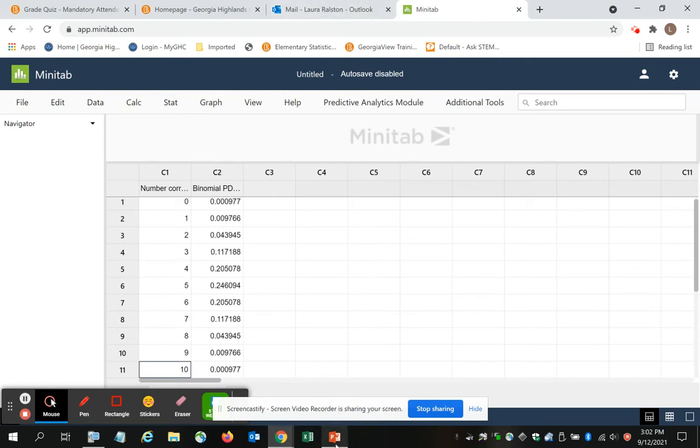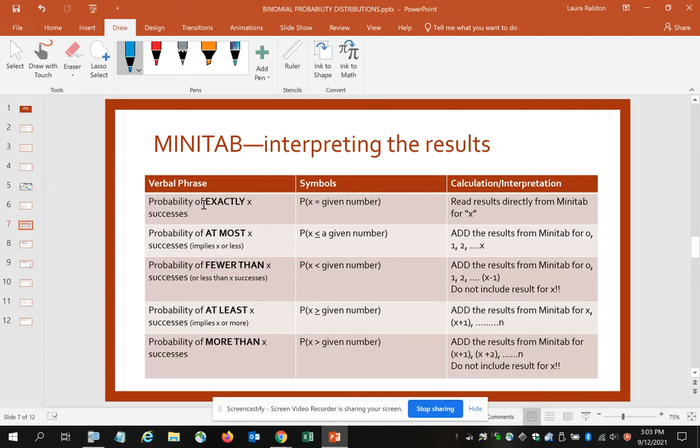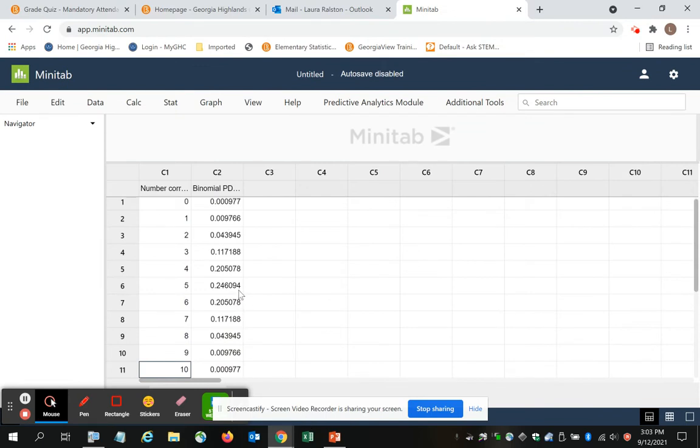Let me go back to the question. The question was, find the probability of getting exactly 5 out of the 10 correct. Since it says exactly, my table of instruction says to read the results directly from Minitab for X. So I would look for the number 5.